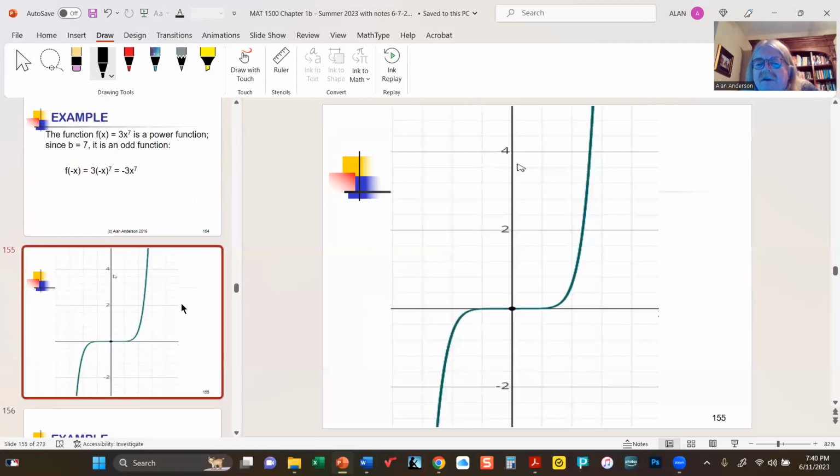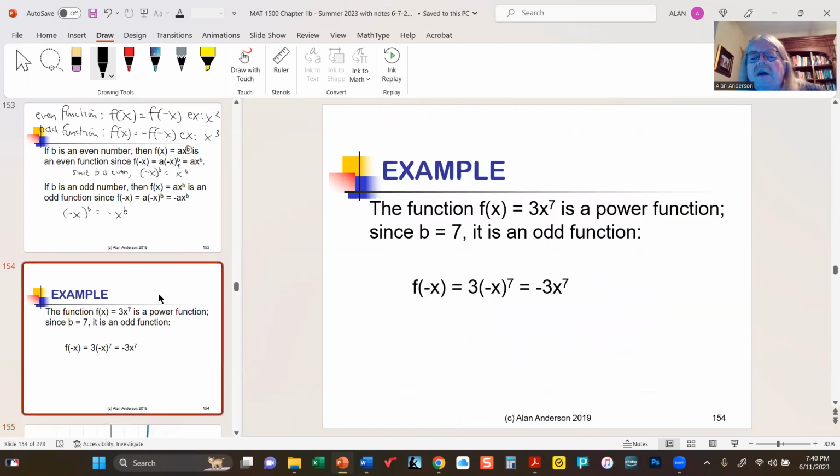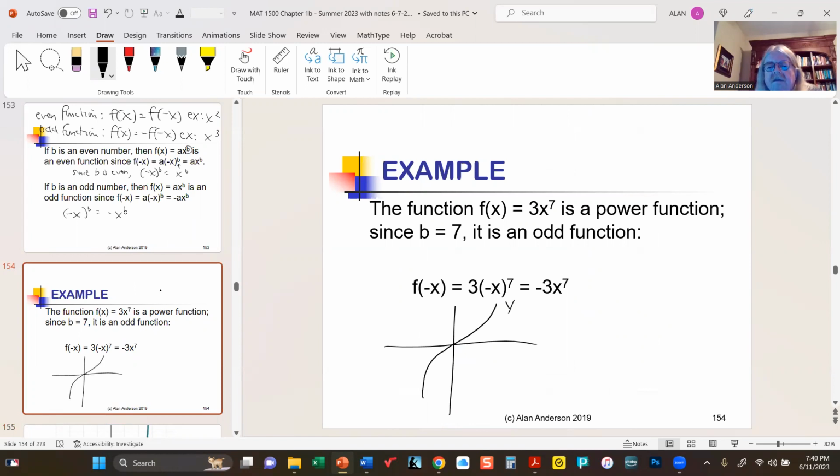So here's an example. Let me show you this graph first. Now you can see it has that look that you get from cubic functions. It's a little flattened out. Now it's actually not a cubic function, but if you recall, anytime we have an odd exponent like that, we're going to call it an odd function. And an even exponent would be an even function. So it turns out this is actually 3x to the 7th power. And so again, even though it doesn't look exactly like, let's say, x cubed, it has a similar look to it.